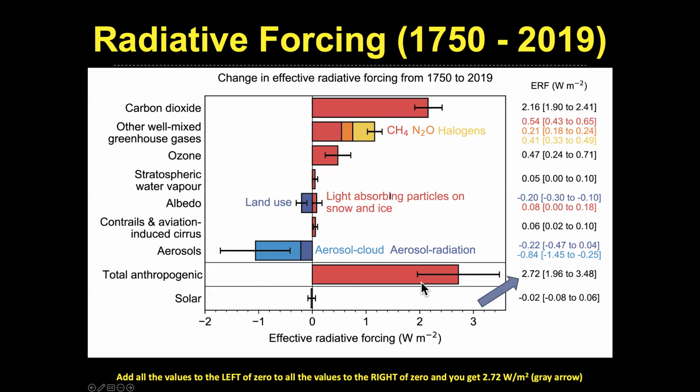And again, I'm harping on it because it's a pretty significant graph to understand. Again, it says so right here: add all the values to the left of 0 to the right of 0, meaning negative numbers, and you get this, what the gray arrow is pointing to.